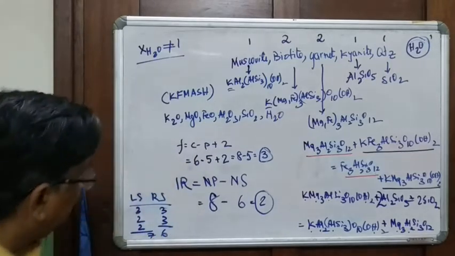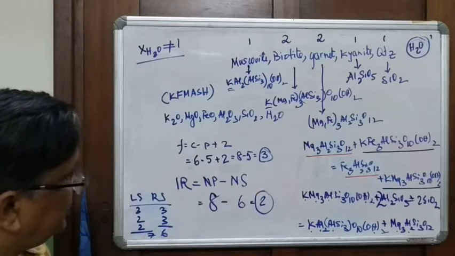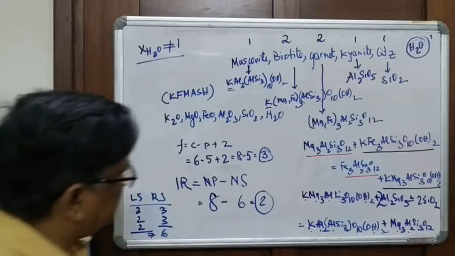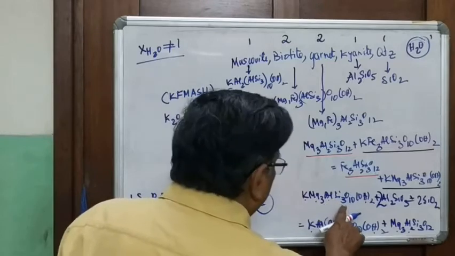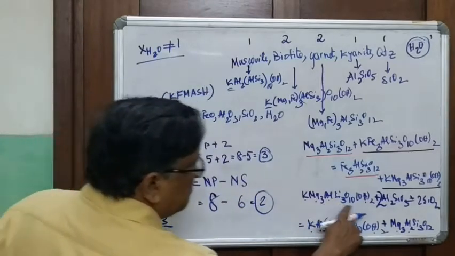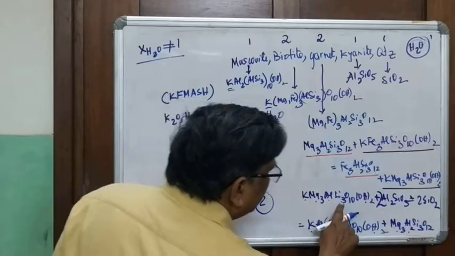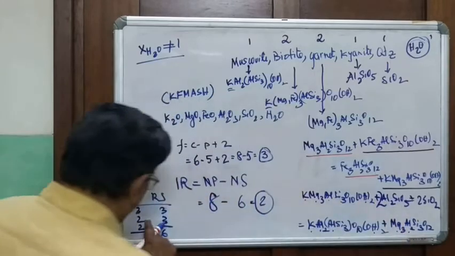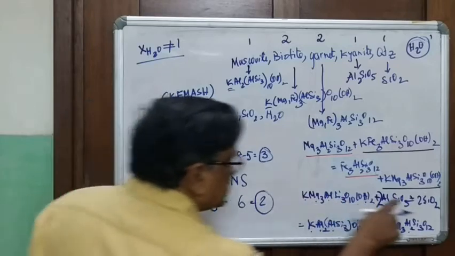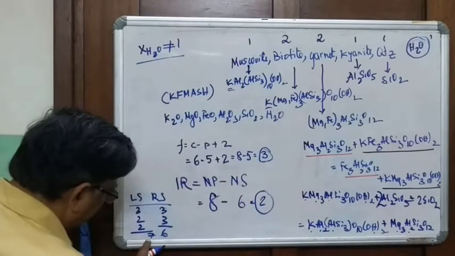So on the left hand side, let's check. Silicon 3 plus 2, 5 plus 2 we wrote, 7.